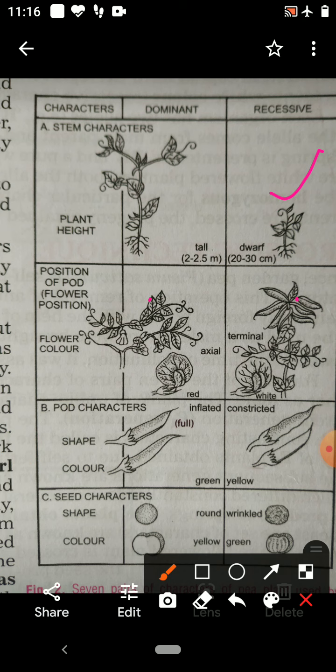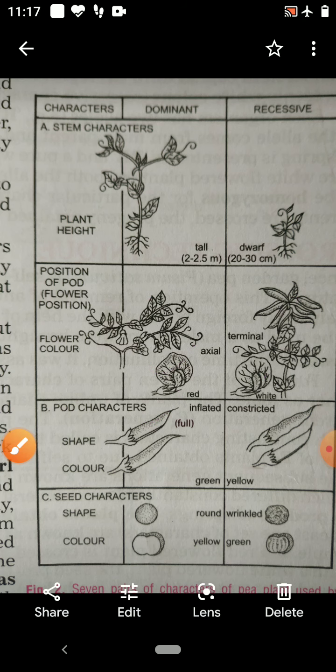Color of flower, red is dominant and white is recessive. Shape of the pod, inflated is dominant, constricted is recessive. Color of the pod, green is dominant, yellow recessive. Shape of the seed, round is dominant, wrinkled is recessive. Color of seed coat, yellow is dominant and green recessive. So these are the dominant and recessive.